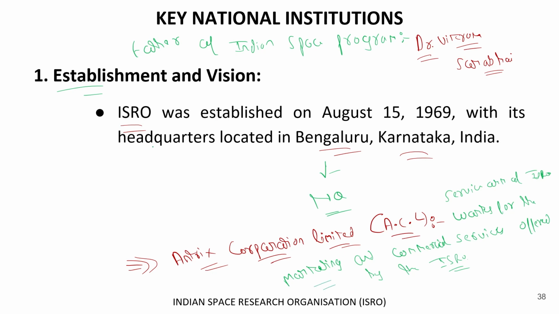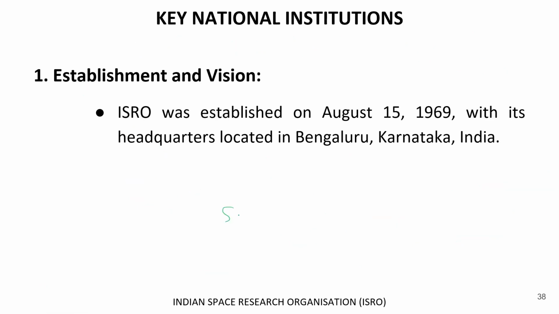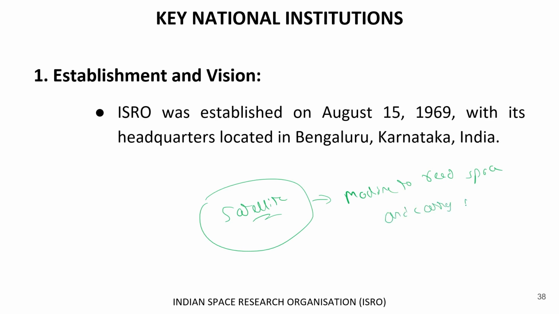Now you will ask, does ISRO also provide commercial services for other countries or outside players? The answer is yes. Why? Because of satellites. We will talk about satellites in detail in this lecture; now I'm just giving you the introduction. A satellite is basically a machine to read space and carry out space related activities.